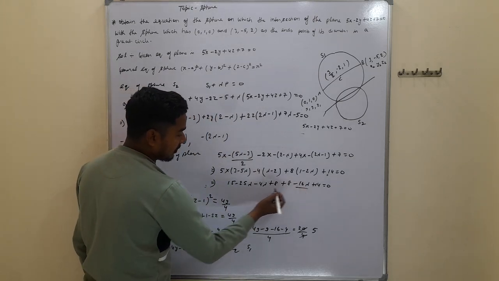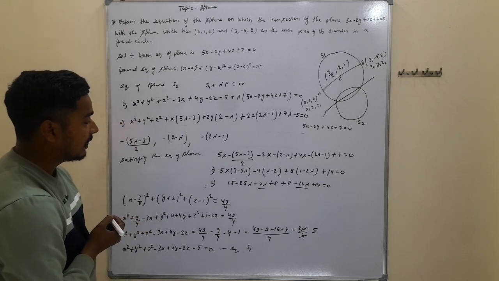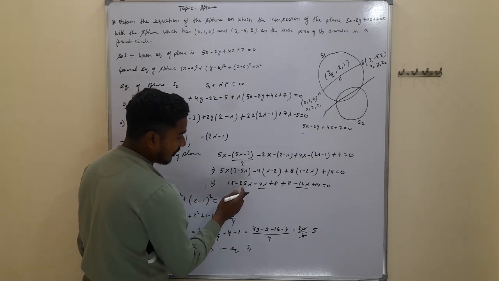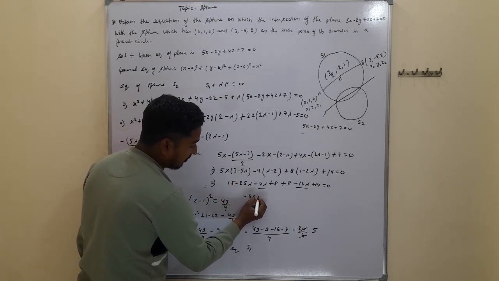Adding the lambda terms: minus 16, minus 4 is 20, and 25. This gives minus 45 lambda.